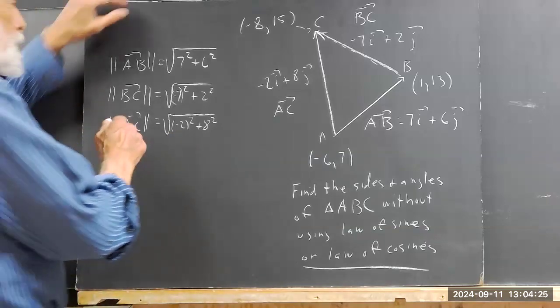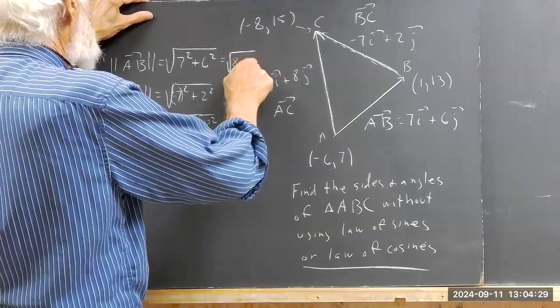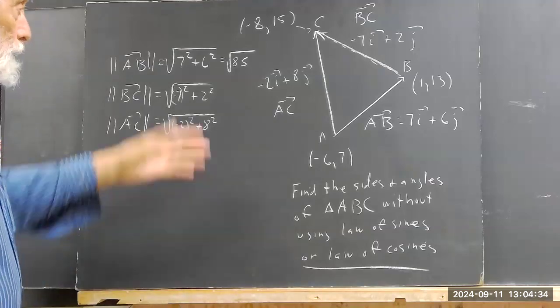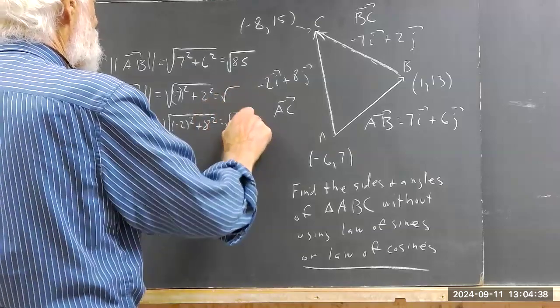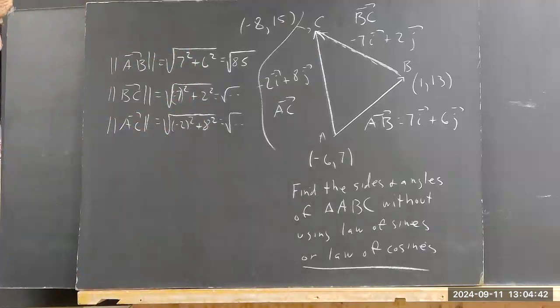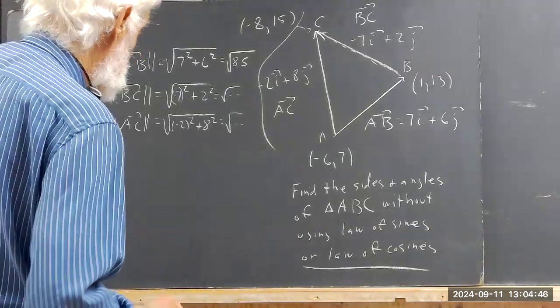So for example, this would be the square root of 85. Then we just need to see what the angles are.